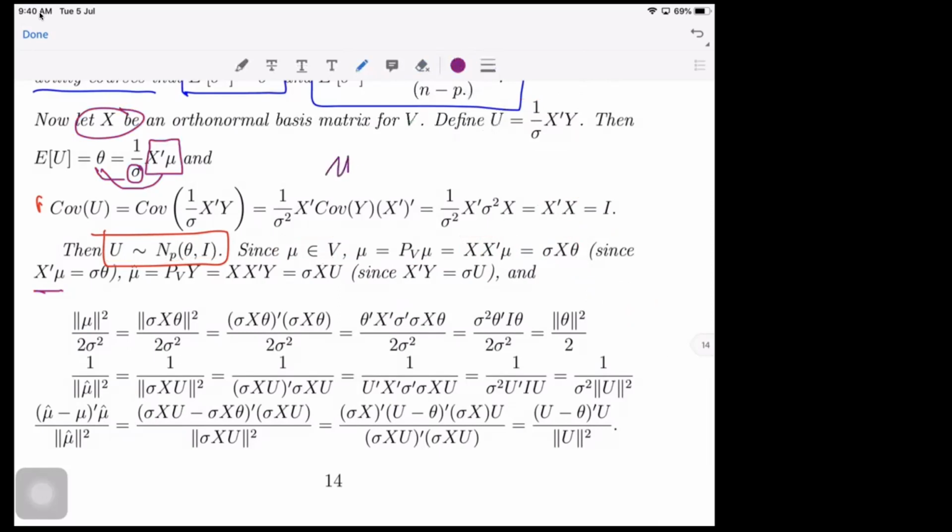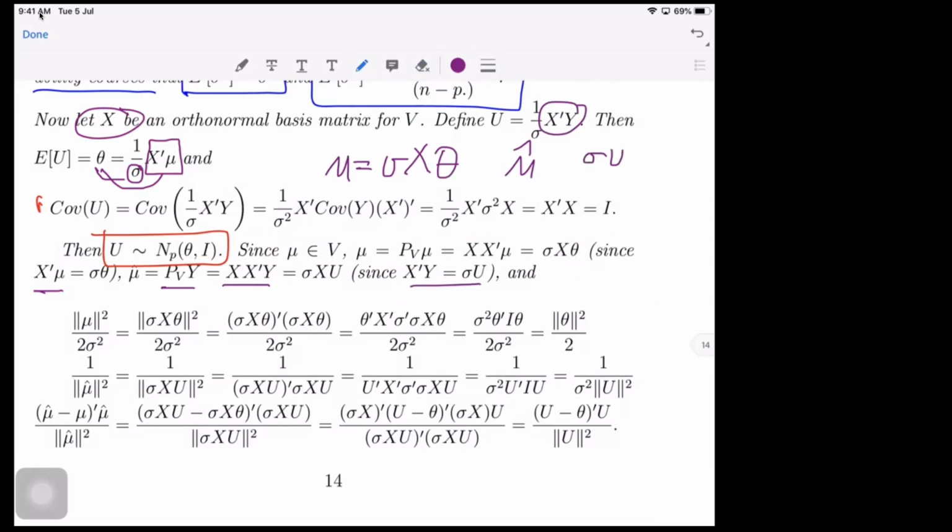So your mu is sigma x theta, and then your mu hat, which is PBY, but PB is x prime y, and then since x prime y here is just sigma u, no?